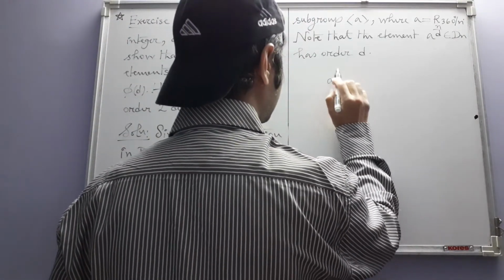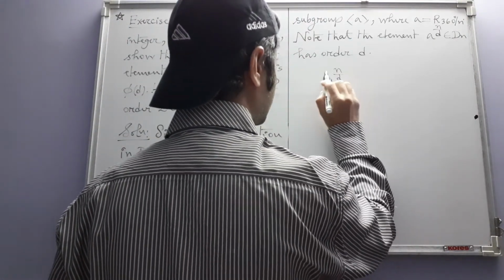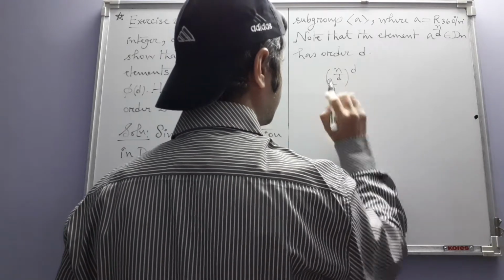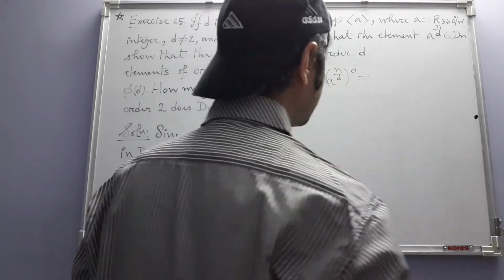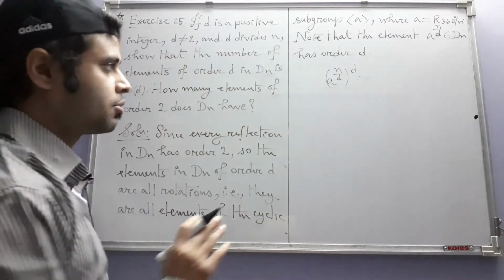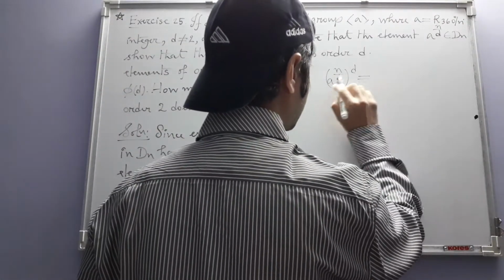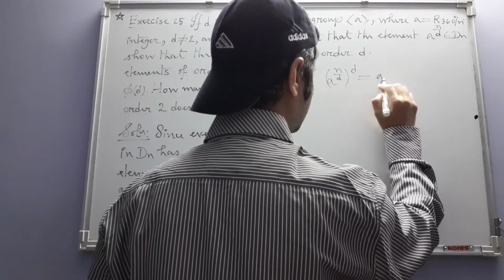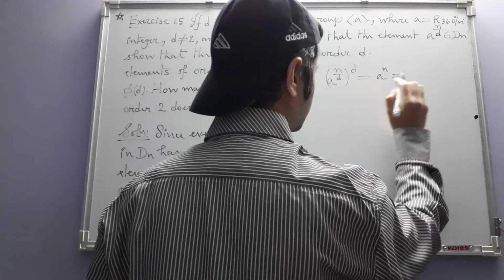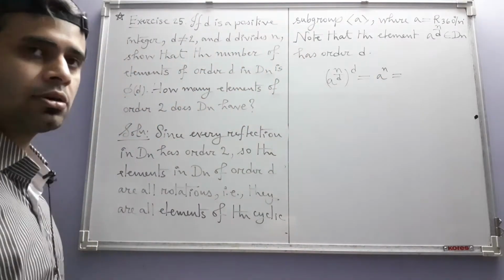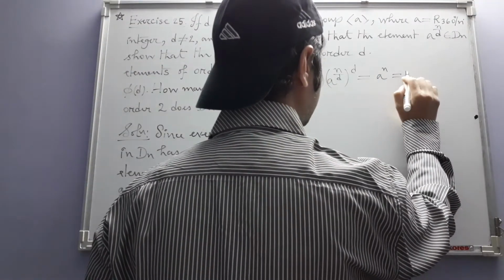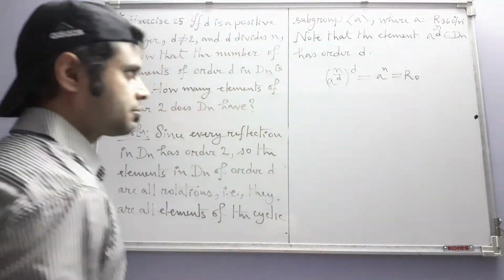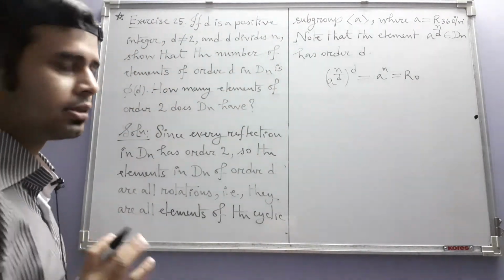You just need to apply the rules of exponent. The rules of exponent will give us that this is equal to a to the power n. Now since a has order n, this is the identity. That is one thing.